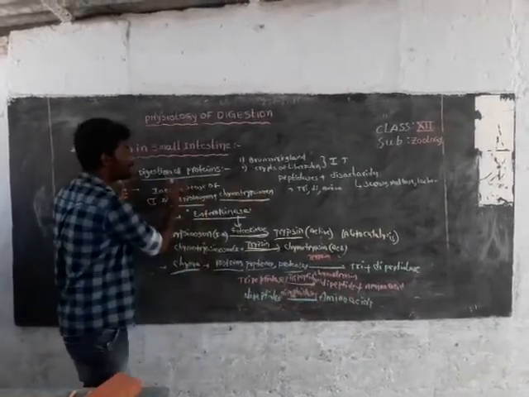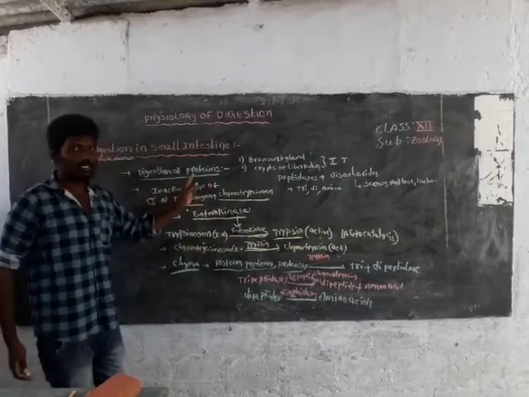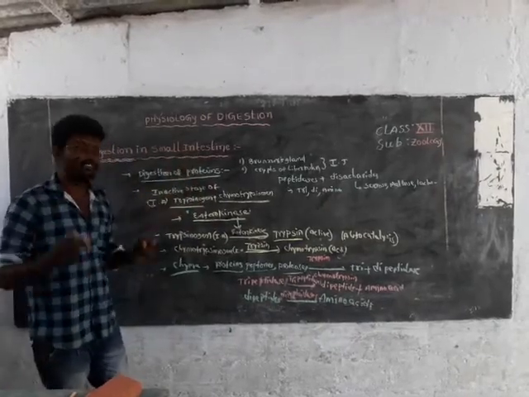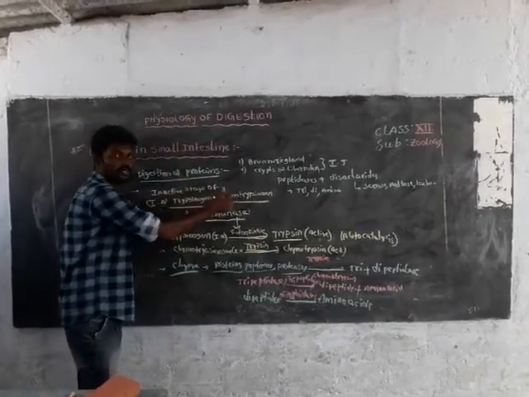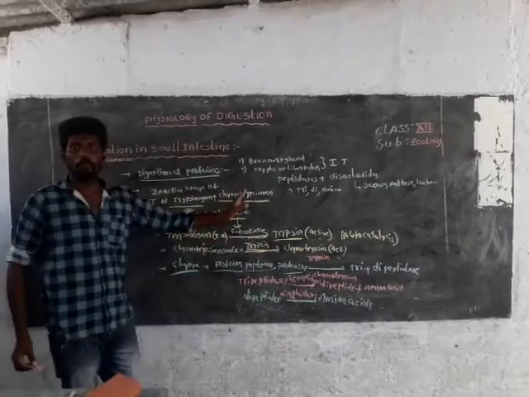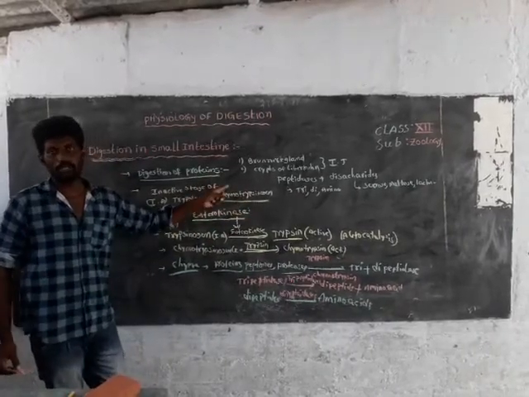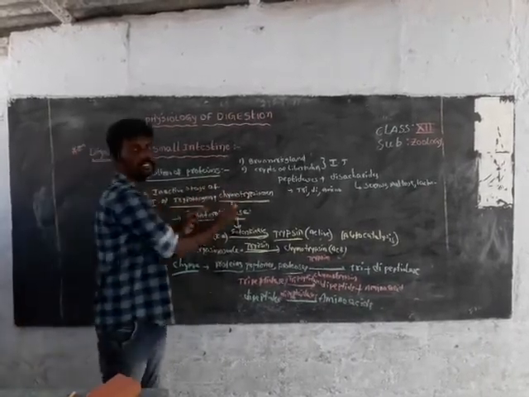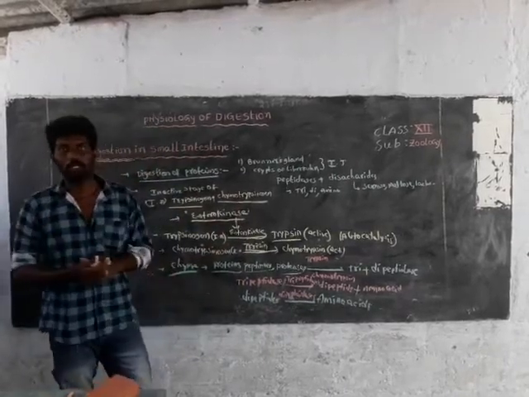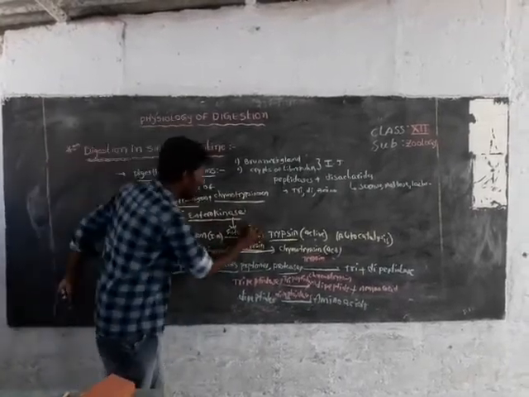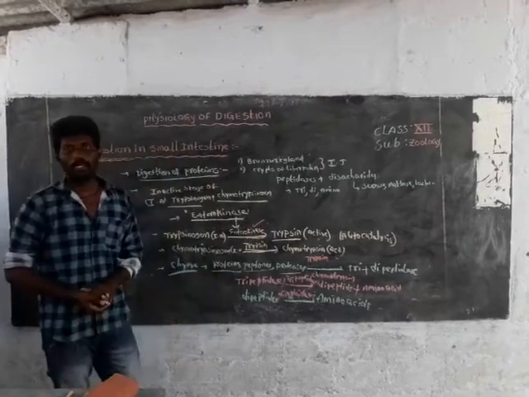So the digestion of proteins in the small intestine begins with the inactive forms, trypsinogen and chymotrypsinogen. Both are inactive. They are converted to the active forms using the enterokinase enzyme.